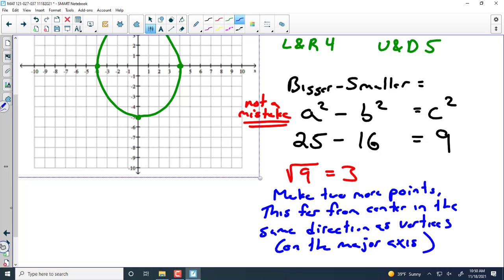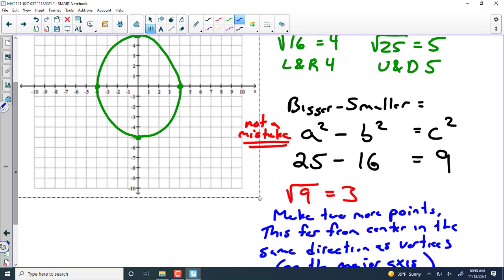So that number that we just got, that 3, you're going to make 2 more points on your ellipse. And they're not going to be on the ellipse itself. They're just going to be in your graph. You go in the same direction as the vertices, and you go that far from the center in each direction. So in the case of this ellipse, I am going to go up 3 and down 3.